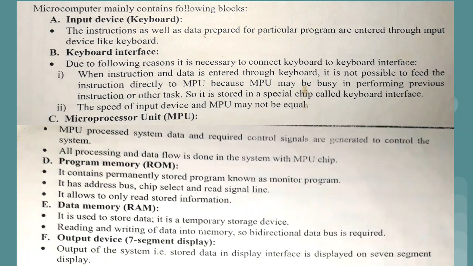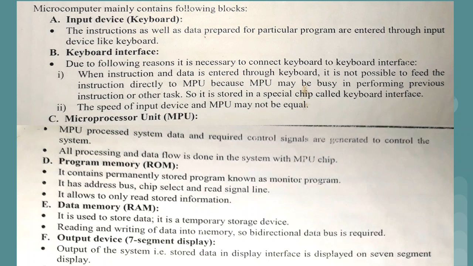We may enter 5 or 10 instructions at a time through the keyboard, but the processor executes one instruction at a time, so definitely the speeds will not match. Also, if the microprocessor is working slowly for any reason, the remaining instructions need to be stored somewhere, otherwise they will get lost, and we would have to re-enter them, which is of no use. This is the reason why we have the keyboard interface block as a part of the microcomputer.